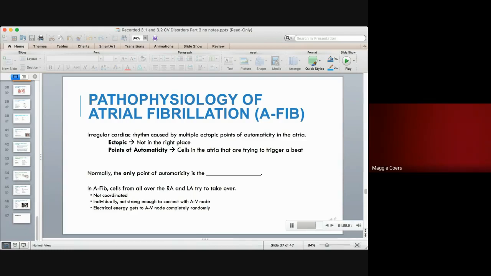So we have an accumulation of all these random firings, and some may get through to that AV node, but not all of them will. So random energy also getting to that AV node causes that very irregular heartbeat. On an EKG, we'll see a very random QRS complex, or random ventricular contraction. That means that the QRS complex is very irregular.